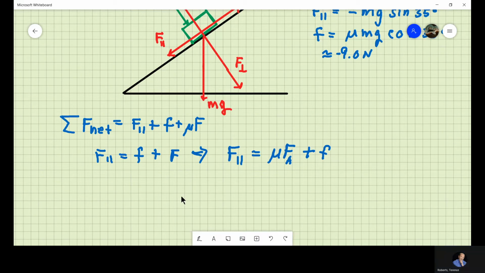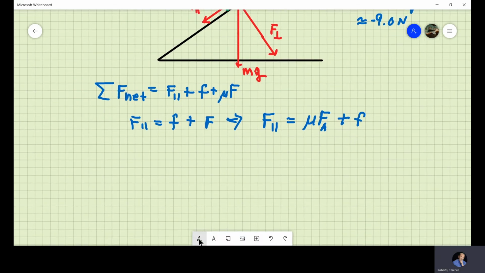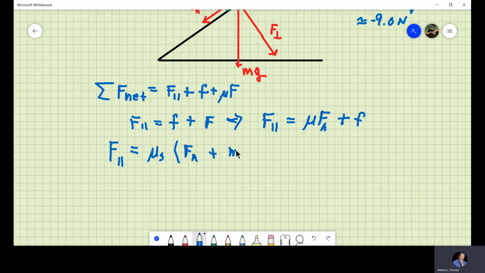Okay. So let's write the equation out now. The parallel force is going to be equal to mu s Fa, which is the applied force, plus mu mg cosine 35 degrees.